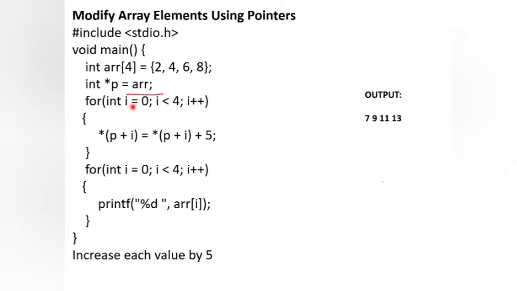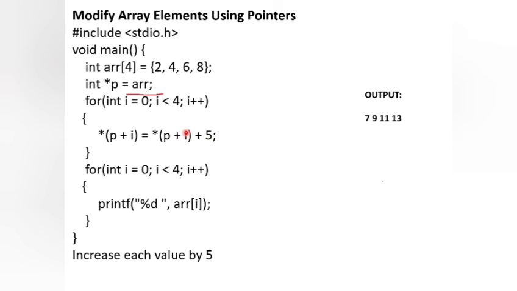What is the i value here? Initially it is 0, that is the first element. Next 1, 2, 3. So 0 to 3, totally 4 elements. That is why the loop runs from 0 to 4: 0, 1, 2, 3, 4 elements. So each and every element referred by the pointer, we are adding 5.